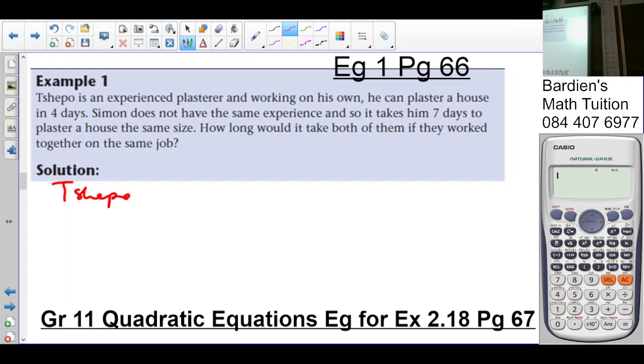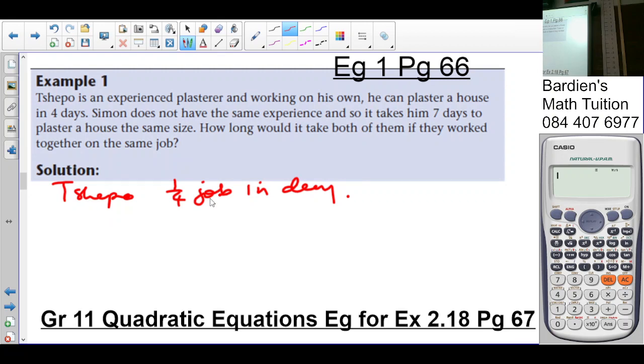For now. But this person, how much of the job will he cover in 1 day? If it takes 4 days to cover a job, then that means he can do a quarter of the job in 1 day. Can you see?